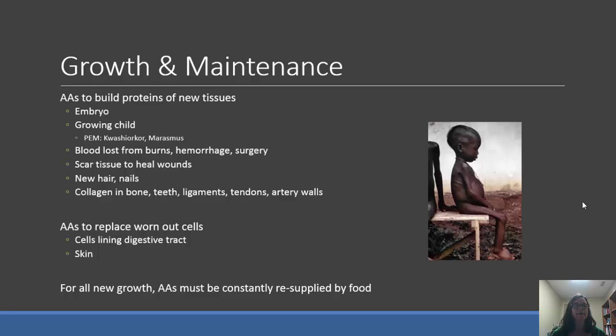If a child is not taking in enough protein to meet their needs for growth, we have what's called protein energy malnutrition. And kwashiorkor specifically often affects a first child in, say, a non-industrialized country where there are not as many resources. Kwashiorkor will affect a first child when a second child is born.